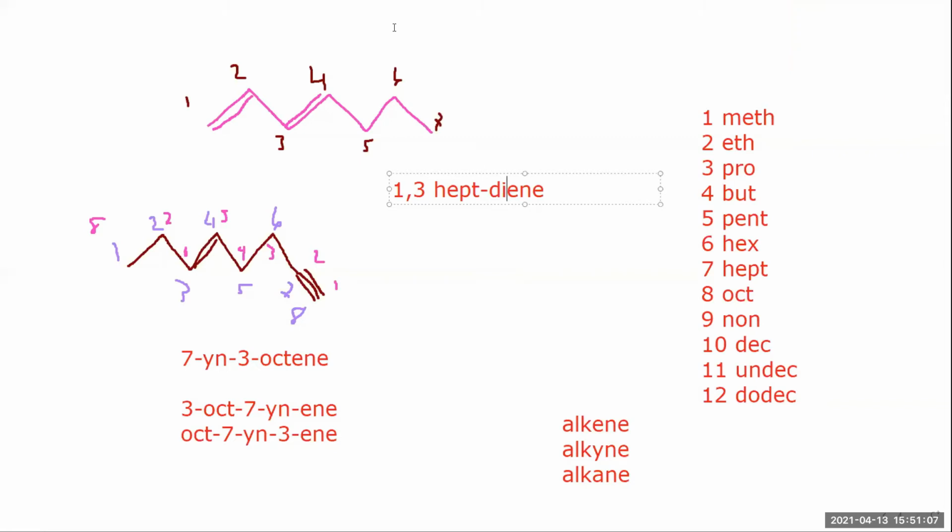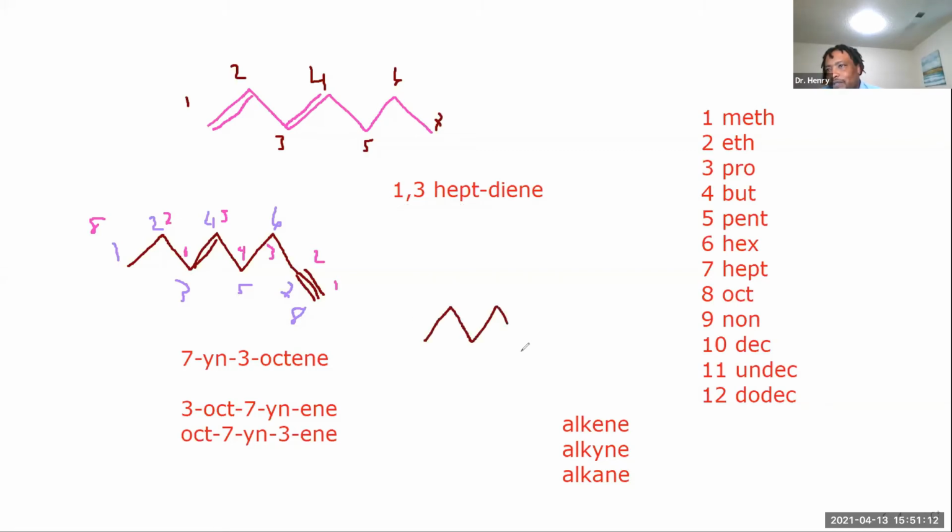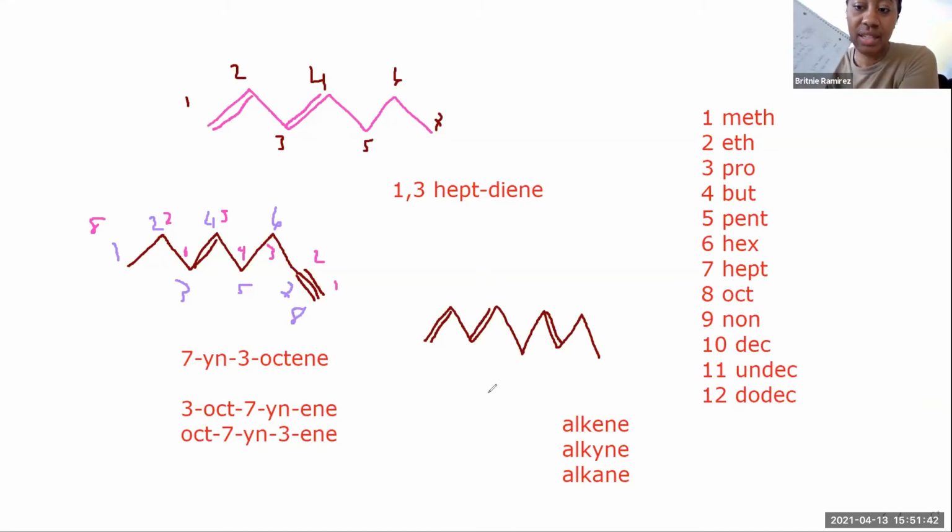Okay, so we'll try one more. 1, 2, 3. And then we'll do a double bond here, a double bond here, and a double bond here. So is that a 1,3,6-nonene?